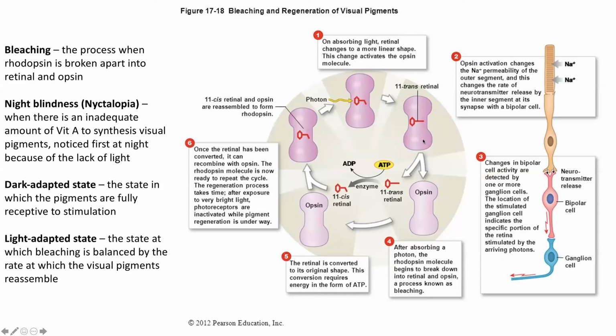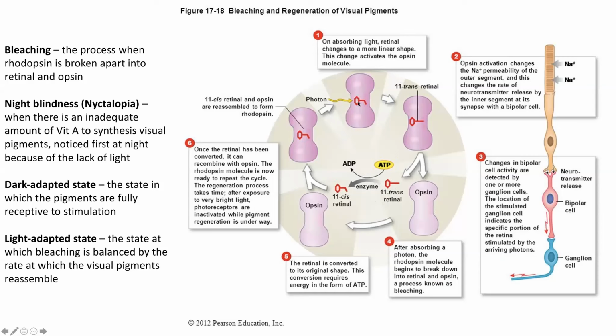Once we have that trans form, they separate. Then when they separate, we need energy to change this trans retinol to a cis retinol. Once it's back to a cis retinol, it can reassemble with opsin and form rhodopsin and is ready for stimulation again.